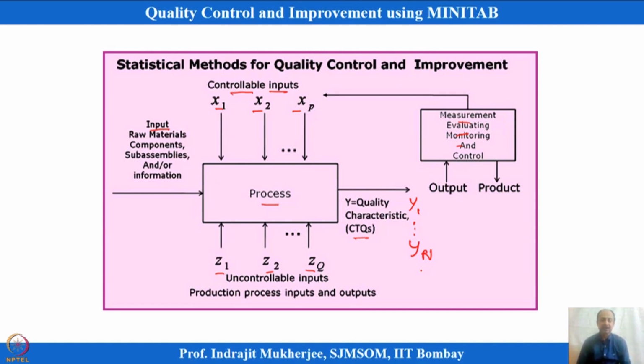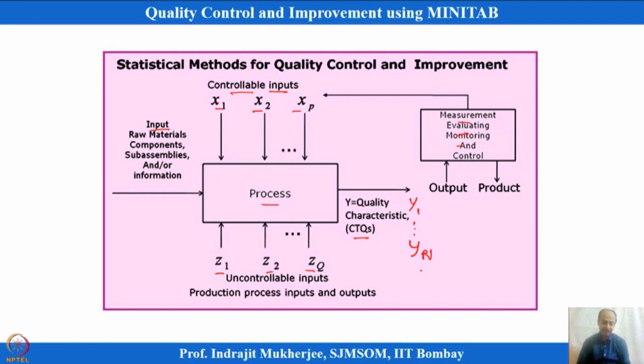Okay. It is statistical because some statistical distribution assumption is taken to develop this monitoring tool. That is why it is named the statistical process control tool, or in short form SPC.